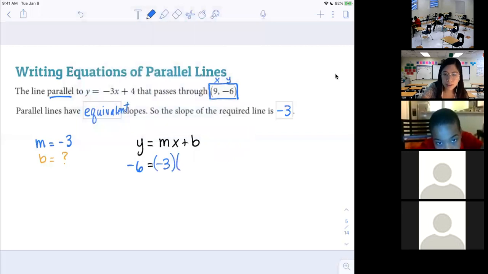X is 9, and we leave b by itself, and we're going to solve for b. So let's go ahead and solve. -3 times 9. -3 times 9, -27, good.